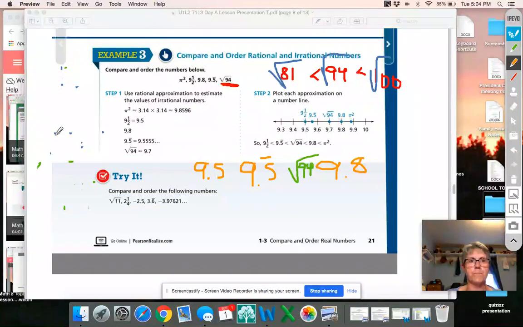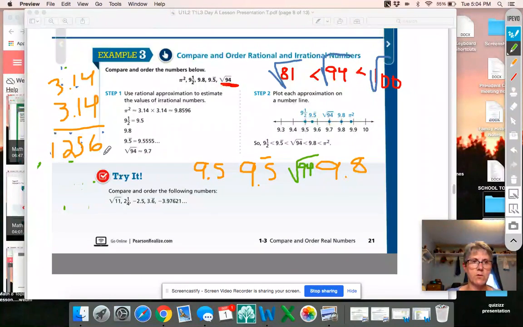So 3 and 14/100, that's the approximate value of pi, times 3 and 14/100. 4 times 4 is 16. 4, 5. And we need a placeholder. 1 times 3, 14.